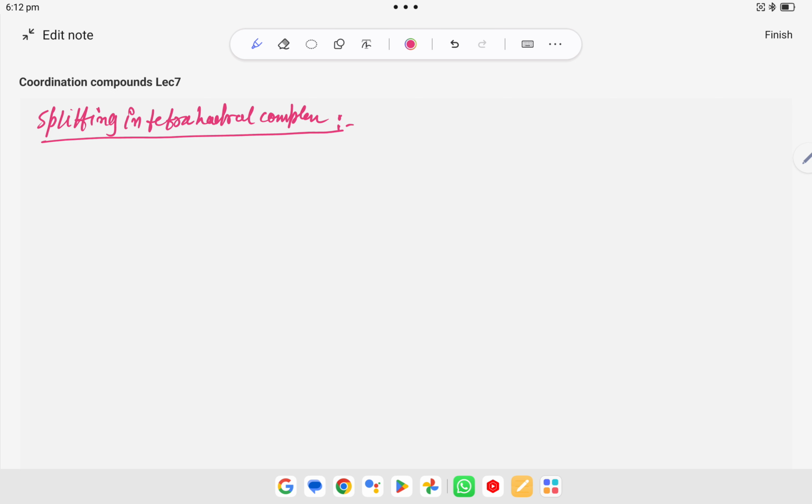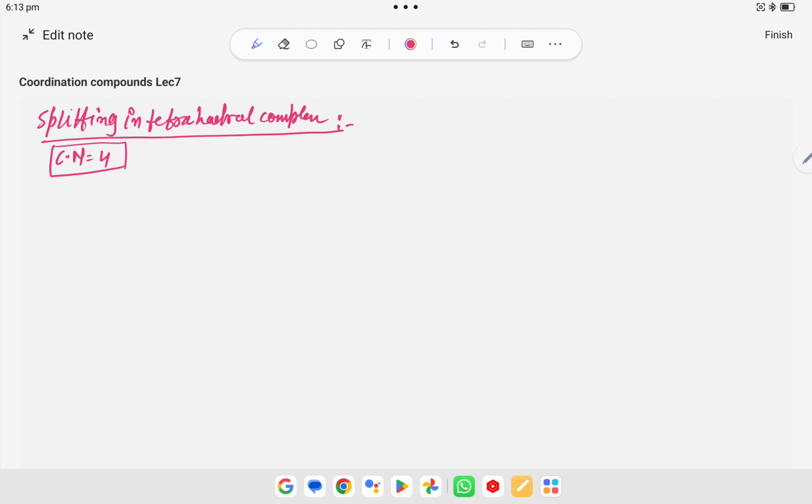Tetrahedral splitting is always less than octahedral splitting. It will follow Hund's rule because it is a high spin complex. Here coordination number, tetrahedral means 4, coordination number 4. The tetrahedral arrangement of 4 ligands surrounding a metal ion may be visualized by placing ligands at alternate corners of a cube.